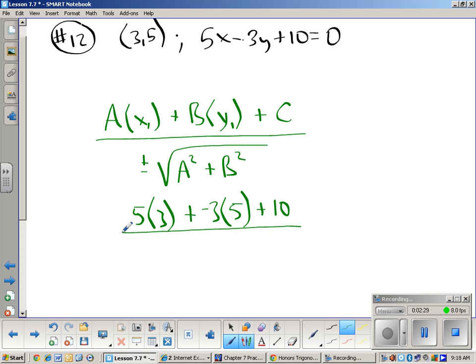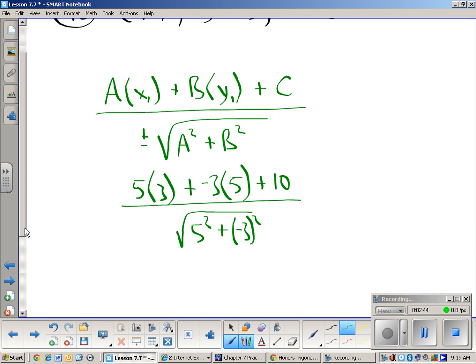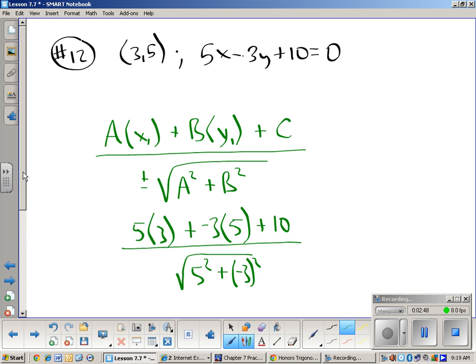Plus 10. And then we get a was 5, negative 3 squared. Now, we haven't chosen a sign yet, plus or minus. So we have to determine which side this is on.